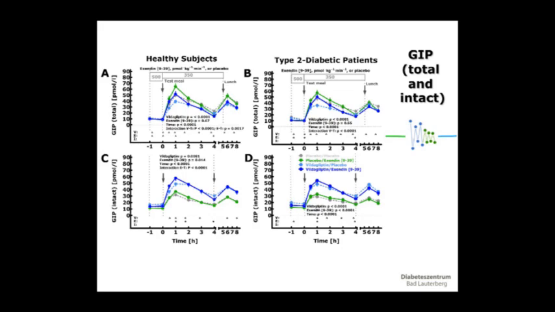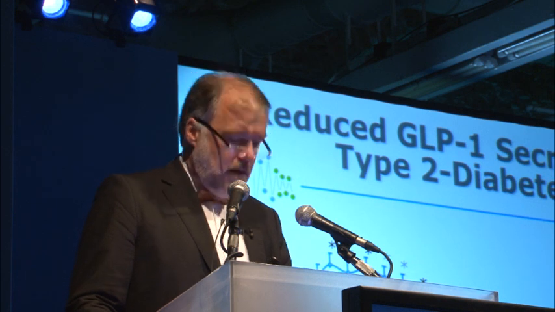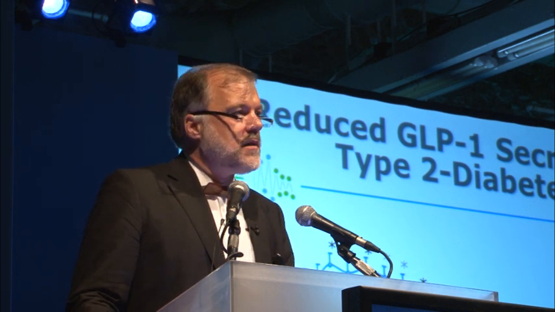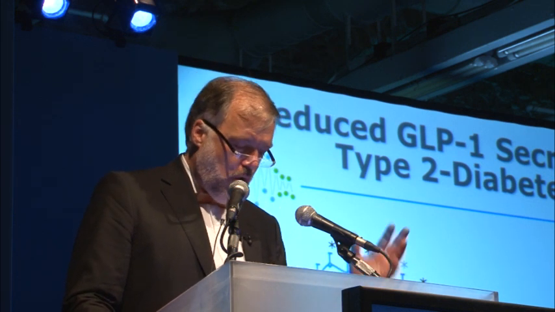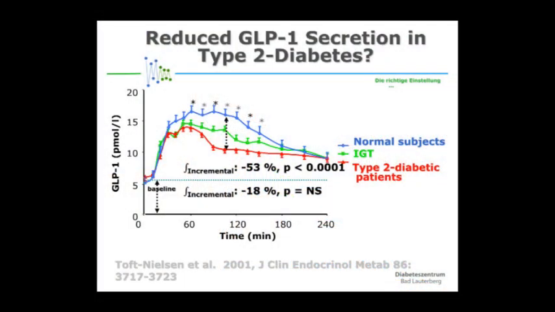How about GLP-1? There has been one large cross-sectional study by our colleagues in Copenhagen, with whom we cooperate very intensely. May-Britt Toft-Nielsen did this study, and it's again like 65 patients with type 2 diabetes, a few with impaired glucose tolerance, and these are the healthy subjects, and these are the type 2 diabetic patients.